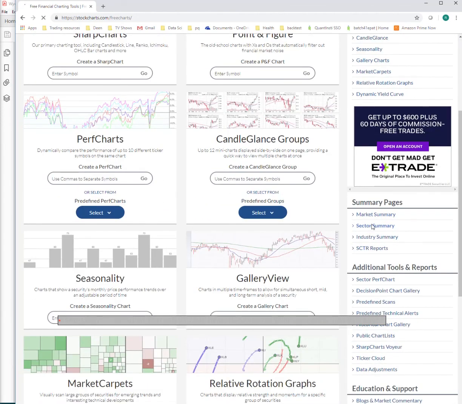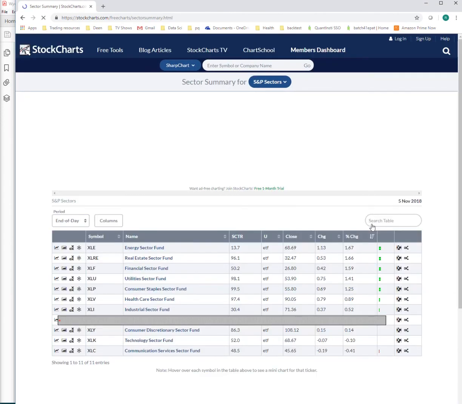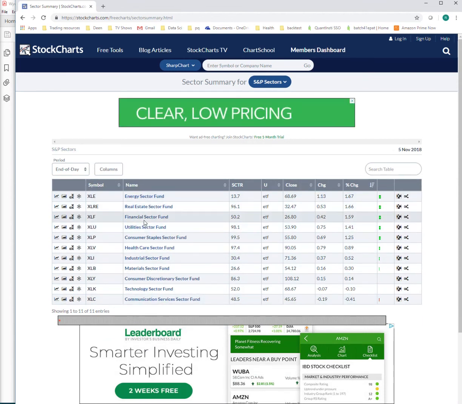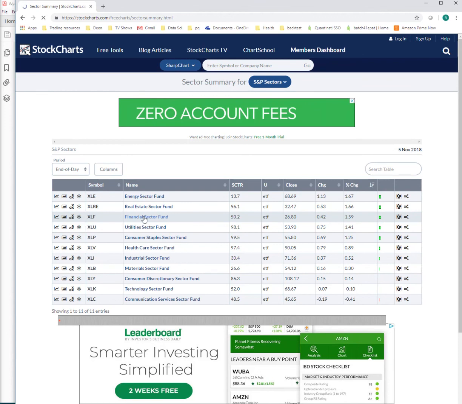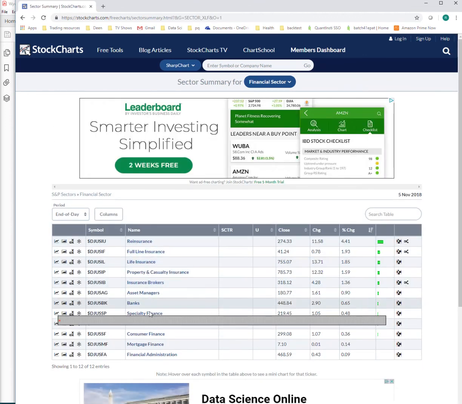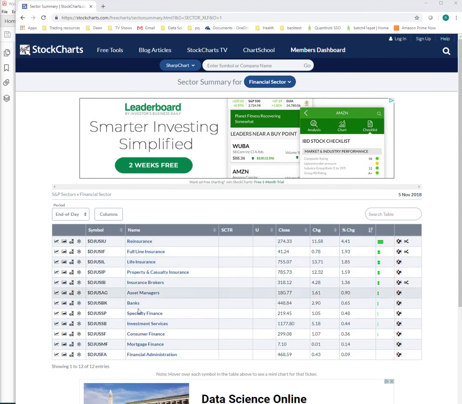So you go to sector summary. You have all your sectors here. Then I want to see financials. So these are your groups under financials. You see? So you've got the sector and you have the groups.